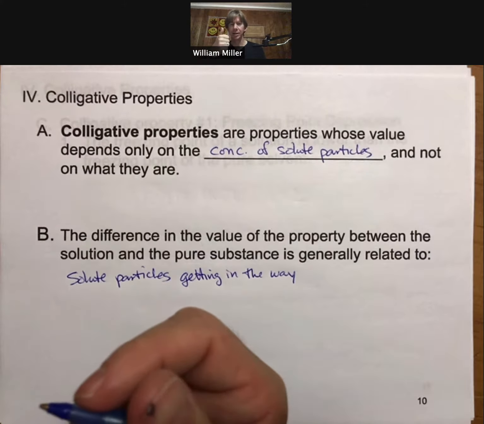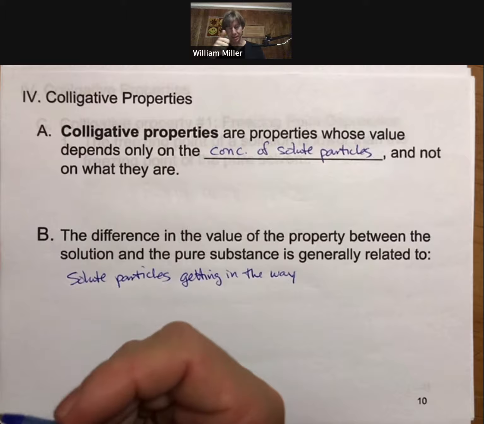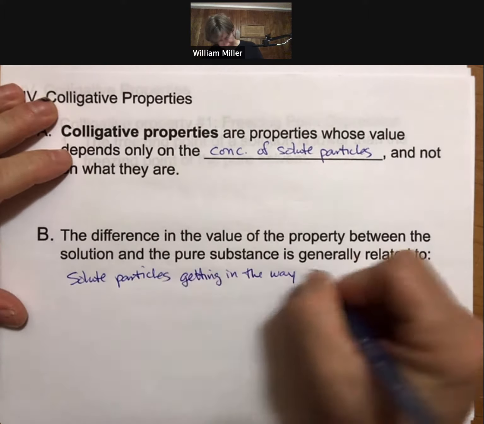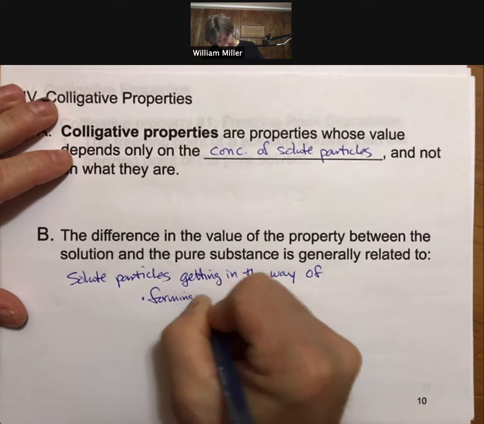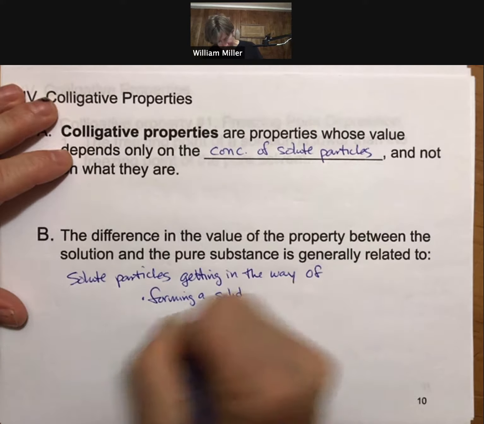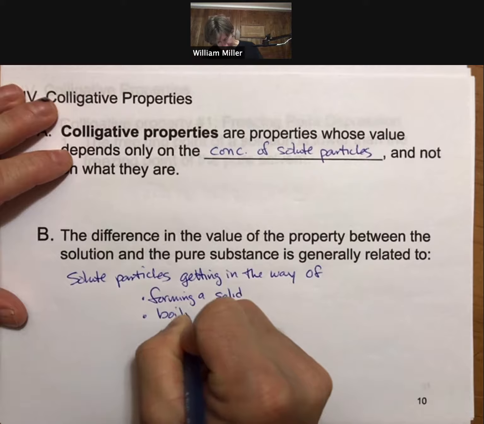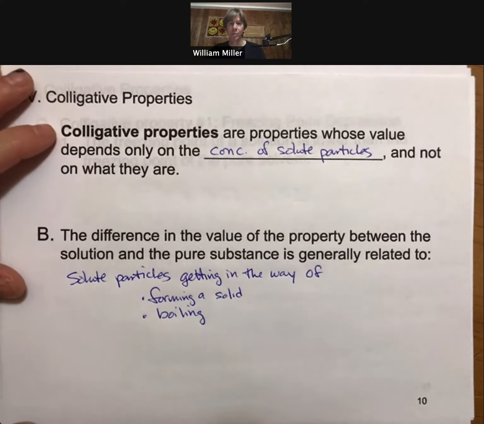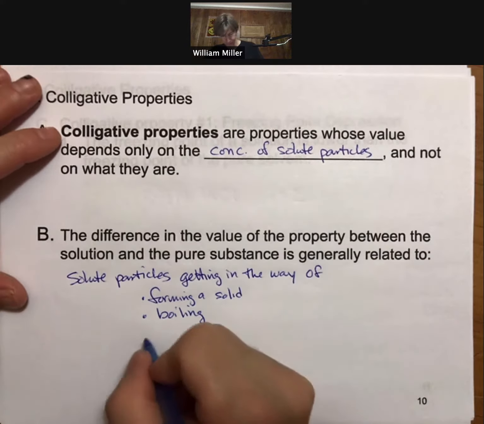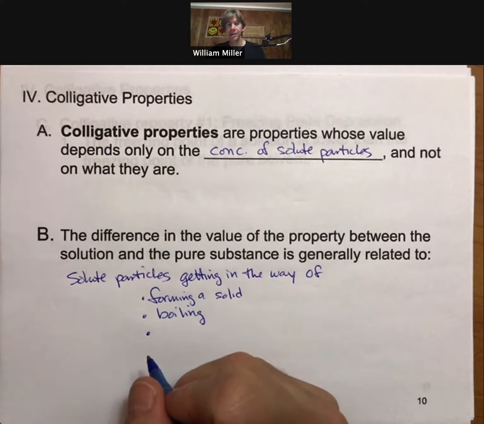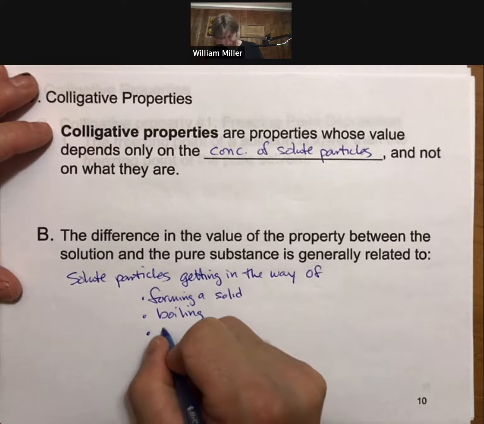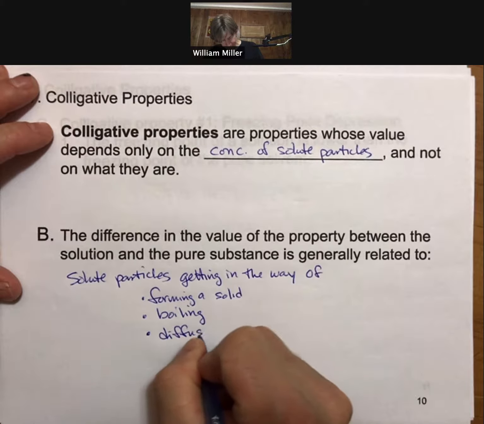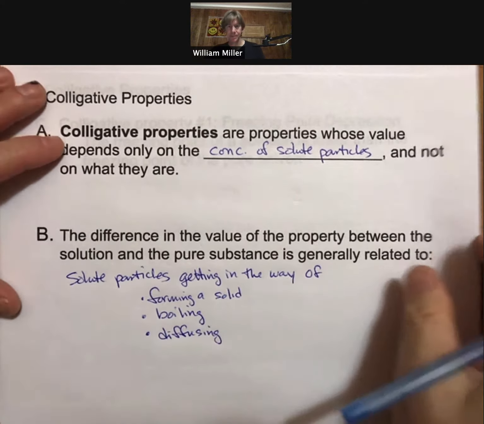Getting in the way of forming a solid, boiling, or in the third case, when we talk about osmosis, it will be getting in the way of diffusing. Okay.